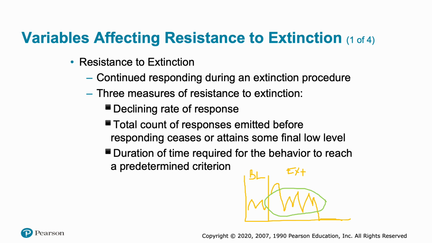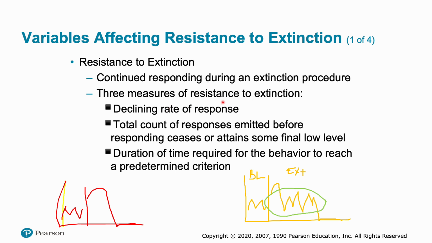It wasn't that perfect, beautiful graph that we've seen before, right? This perfect graph where we have the baseline, and then we have our extinction intervention, and it goes down to 0, and we don't see any of this response variability. Well, this is known as resistance to extinction, which is when we see continued responding during an extinction procedure.